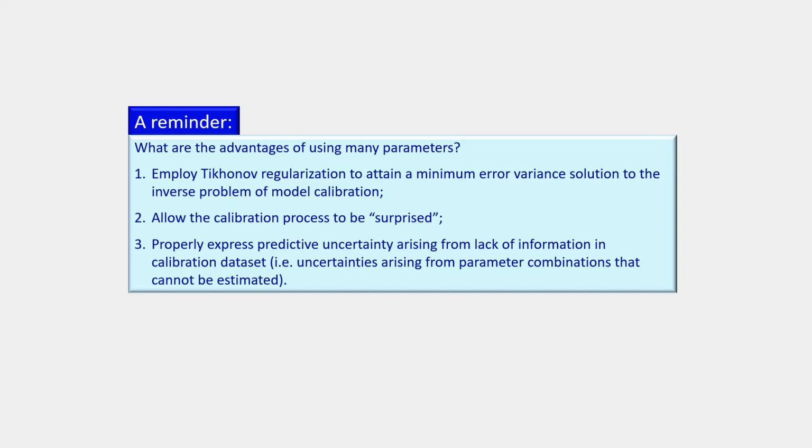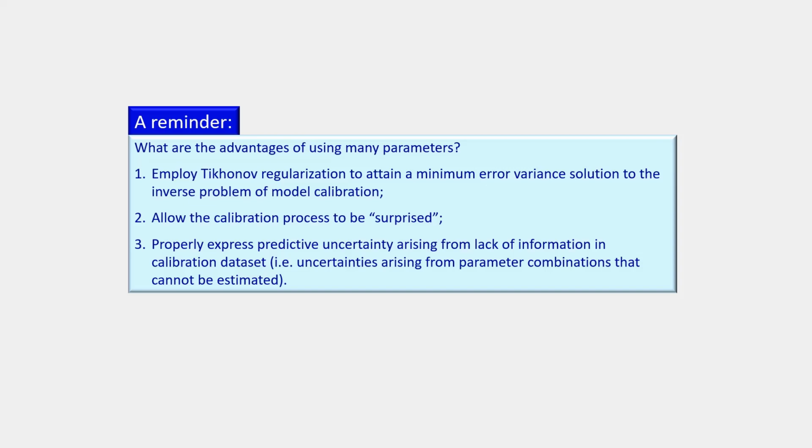We discussed the fact that ideally that quest for uniqueness, which is model calibration, should lead us to a minimum error variance solution of an inverse problem. We don't get the correct parameter field, we get a parameter field whose potential for wrongness has been minimized if we do our regularization properly. And that happens better if we have many parameters at our disposal.